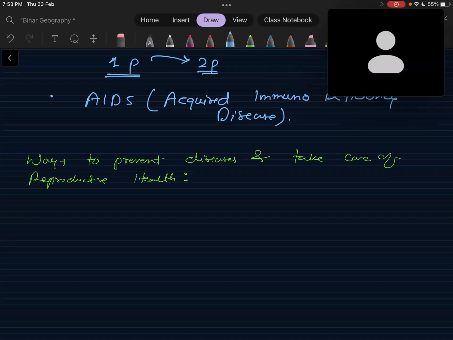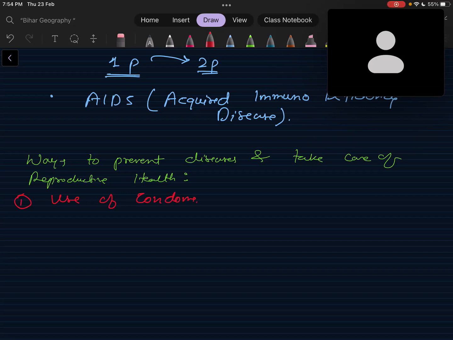Okay. So you see, what are the different ways to prevent the disease from transmitting from one person to another? There are different methods of contraception used, like the use of condoms.